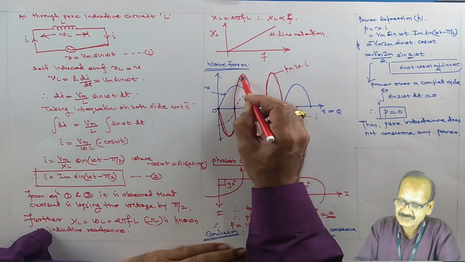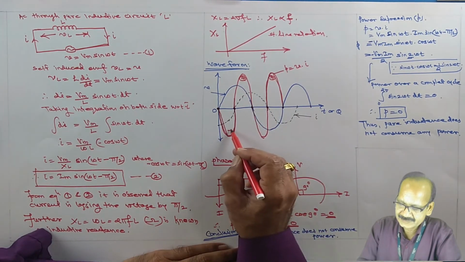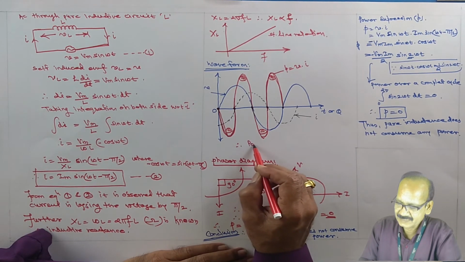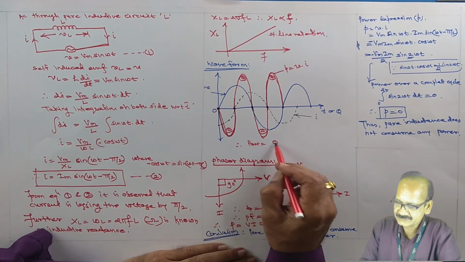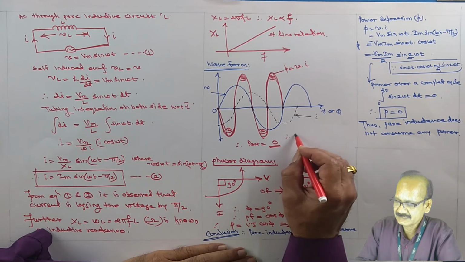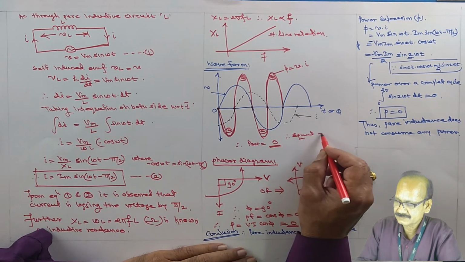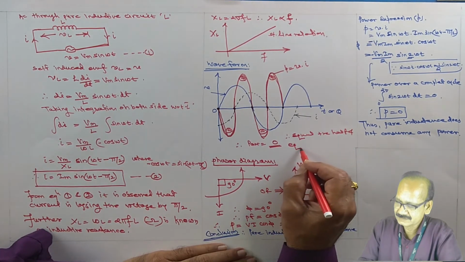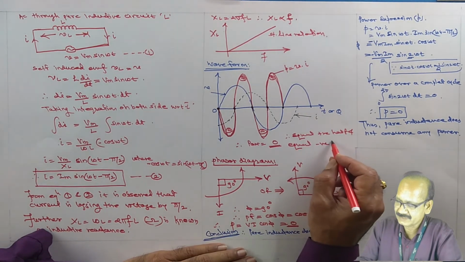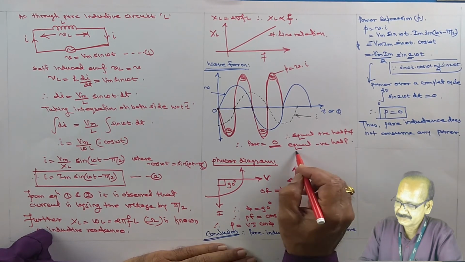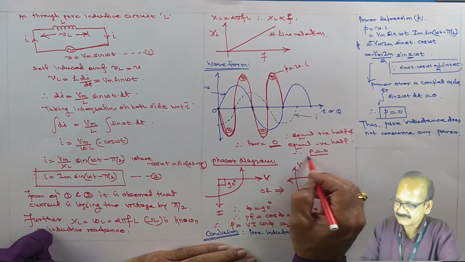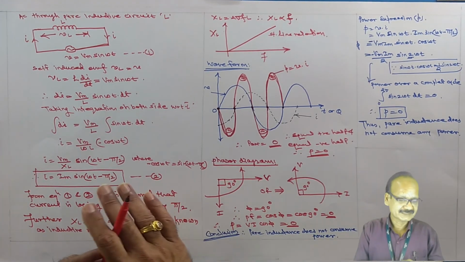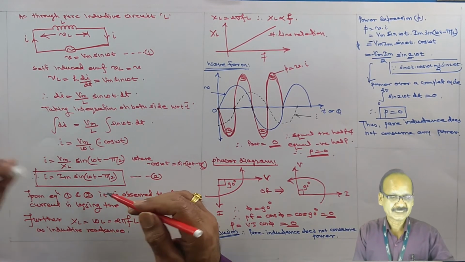See, it has equal positive halves and equal negative halves, and therefore P average equal to 0. So in this way, the pure inductance does not consume any power.